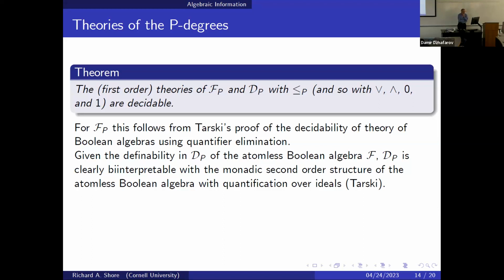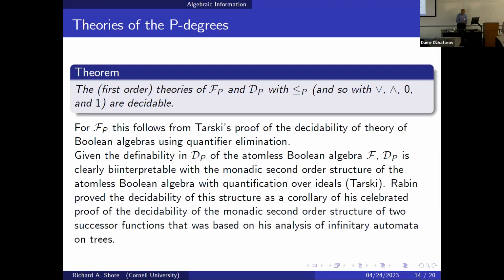And it turns out that Rabin proved that this theory was decidable. The proof is a very deep, hard theorem. This was a very celebrated result of Rabin's.